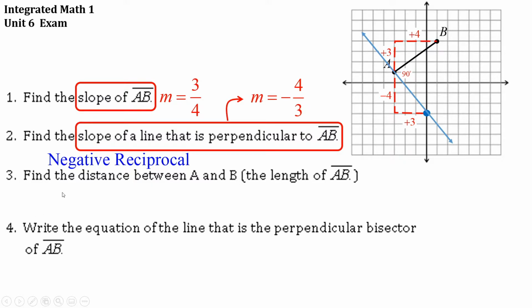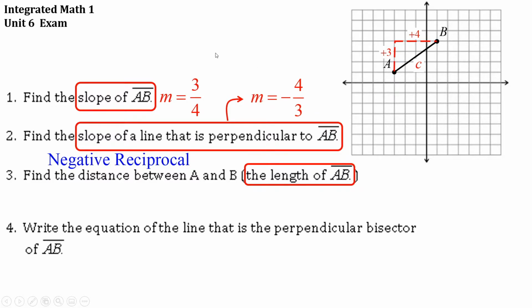All right. Number 3, find the distance between A and B, which is the length of segment AB. So let me clear some of this off, and we're looking for the length of this segment right here. We'll call that length C, like our friend Pythagoras did way back in the day. And notice that I left my slope triangle in the diagram because that creates a right triangle.